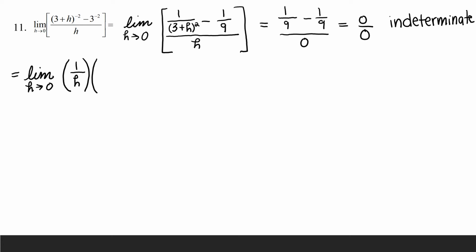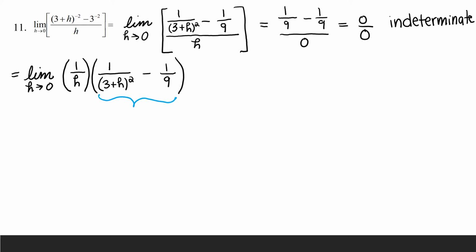So I have the limit as h approaches 0 of 1 over h times 1 over the quantity of 3 plus h squared. Sorry that I forgot the squared the one time. Minus 1 over 9. And I want to combine these rational expressions here.